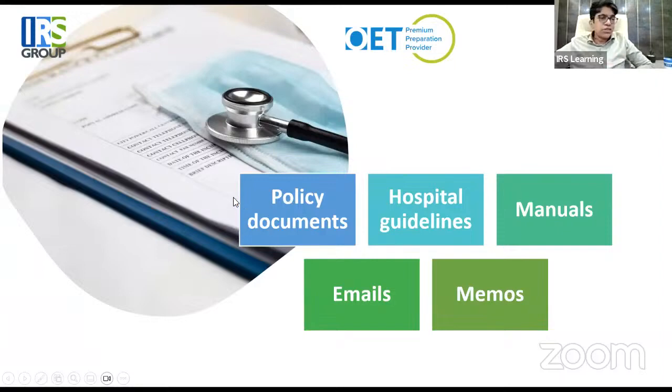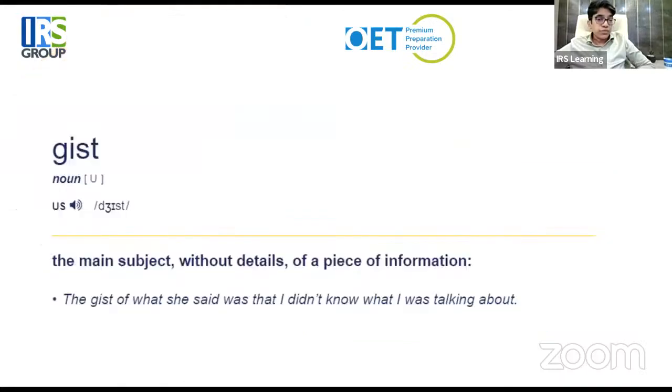So here are some examples on the screen for you. Policy documents, hospital guidelines, manuals, emails, memos, yes. So today we are going to look at one of the skills tested, which is gist. Now, the word gist, according to the dictionary, is the main subject without details of a piece of information.